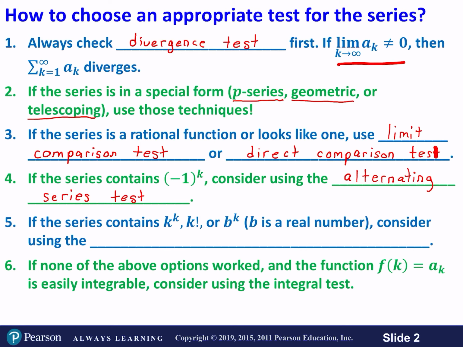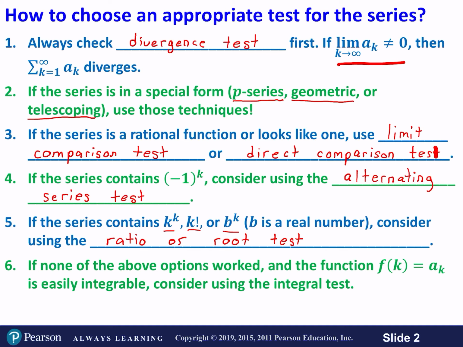Fifth, if the series contains a k to the k, a k factorial, or any factorial for that matter, or b to the k, where b is just some real number, like 5, 7, or 15, consider using the ratio or the root tests. So k to the k, k factorial, and b to the k are notorious for being things that are difficult to integrate.